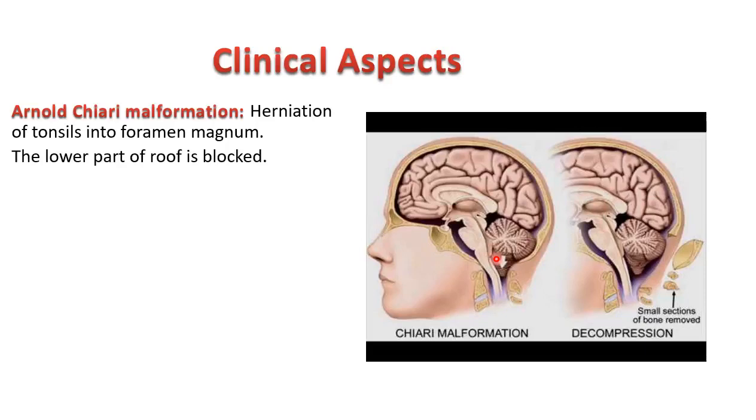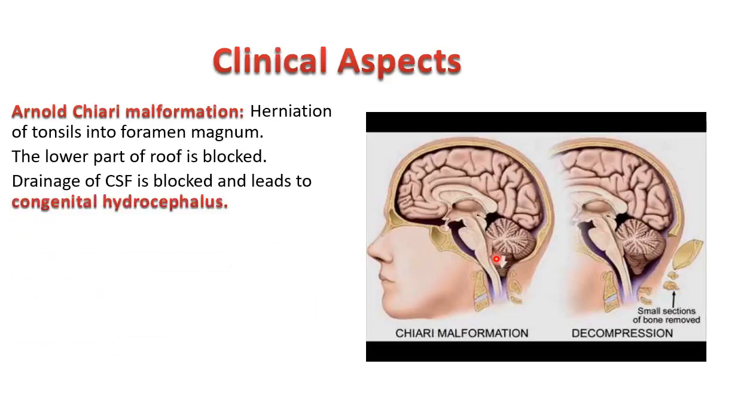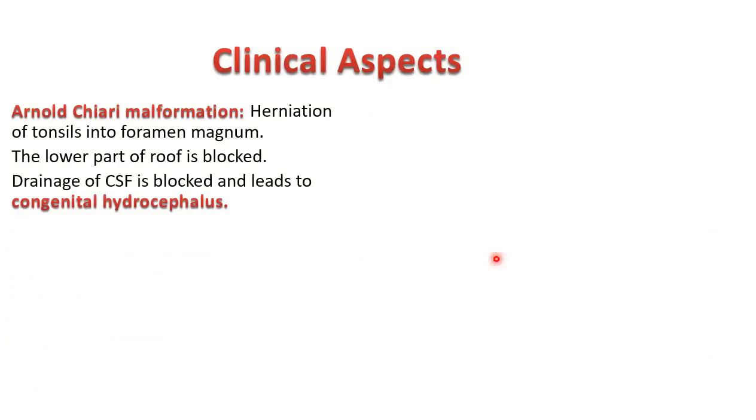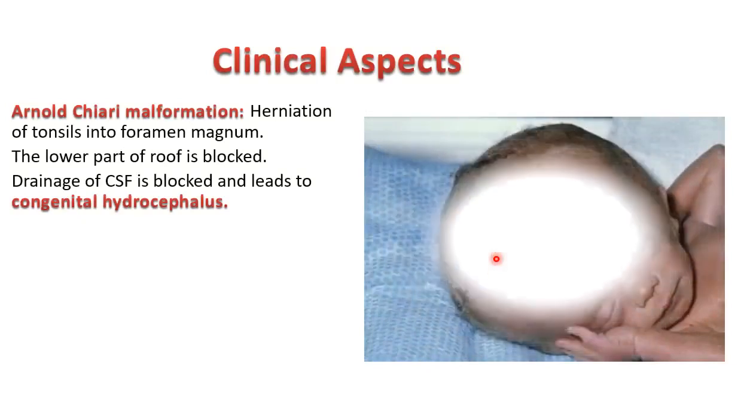Not only that, because of that the CSF also gets accumulated within the subarachnoid space, leading to congenital hydrocephalus. So in hydrocephalus, you can see a baby with a large head.